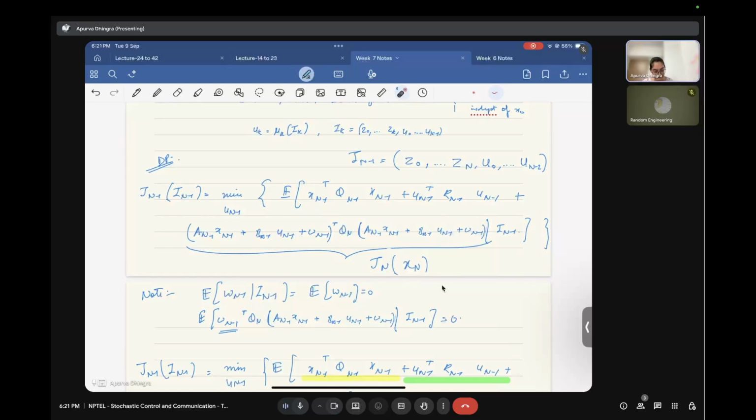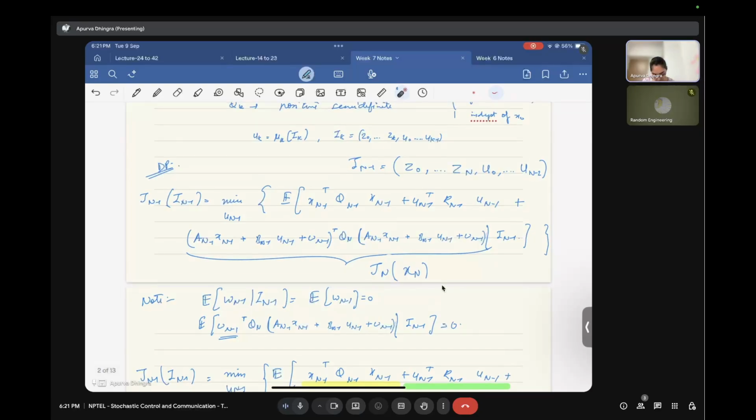And another term over here is this component with the rest of this component. So a term like this, or the opposite kind, where there is just one w n minus 1 term.